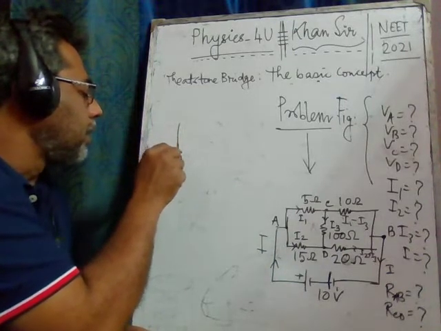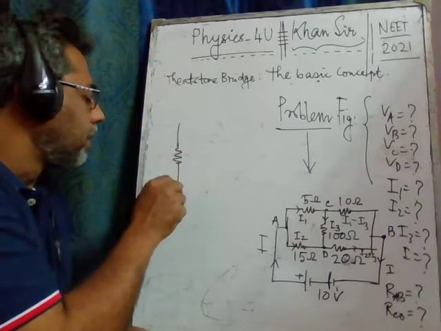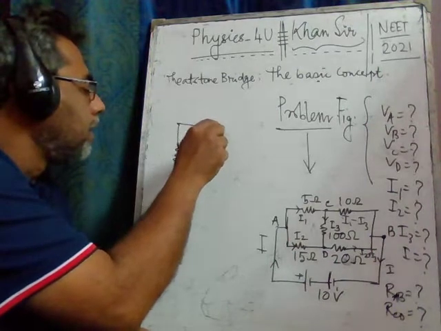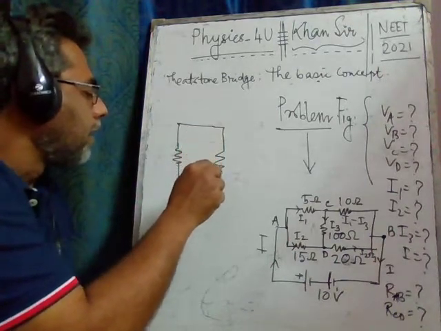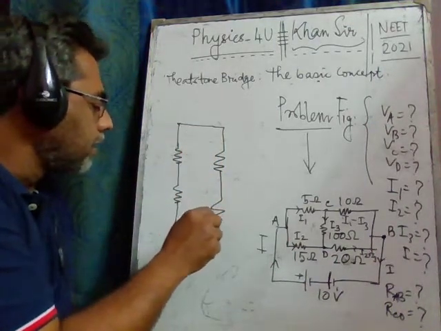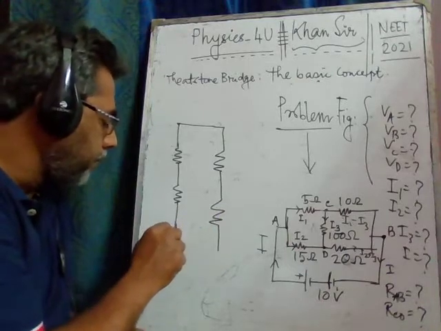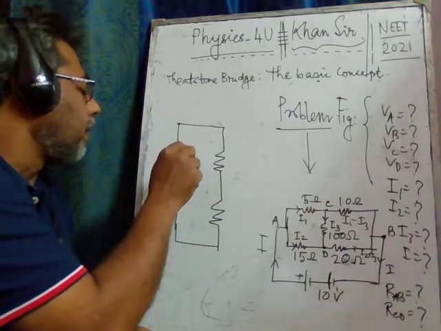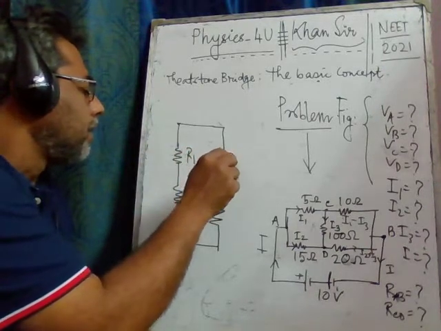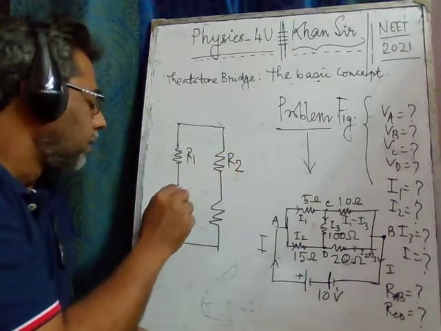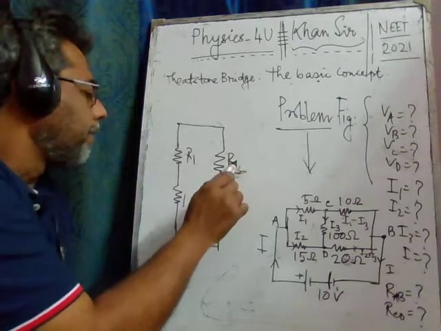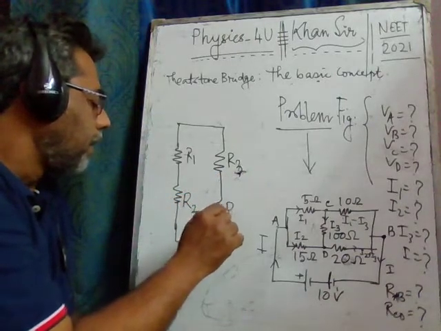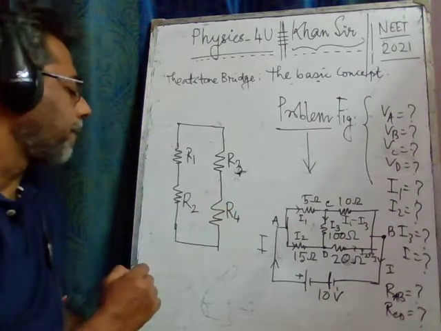Suppose this is resistance R1, this is resistance R2, this is resistance R3, and this is resistance R4. These are connected. So this is our R1, this is R3, this is R2, and this one is R4.